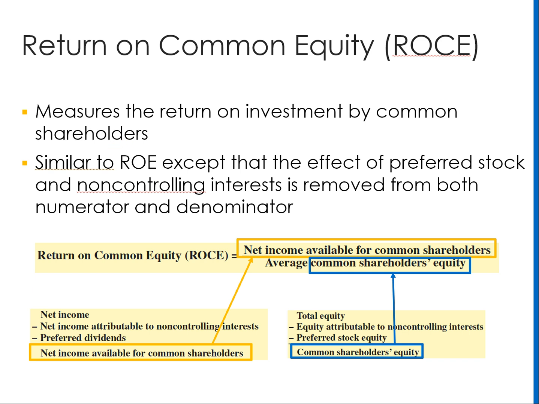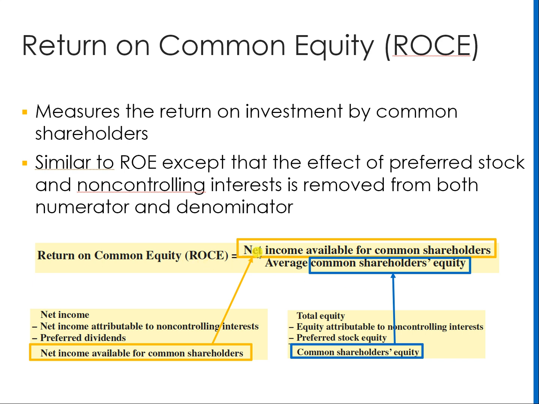Similar to ROE, certain effects or certain capital are removed. Any effect from the preferred stock and non-controlling interest is removed from both the numerator and denominator. So this is purely a measure for common shareholders.